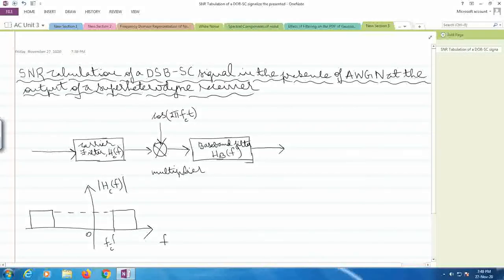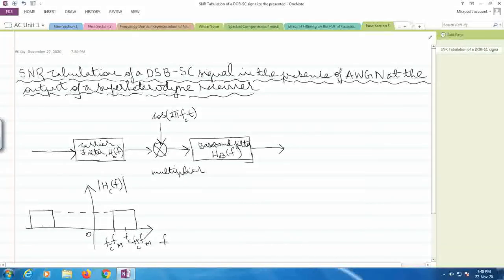So let me just write down the transfer function exists in the interval fc minus fm to fc plus fm, where the center frequency is nothing but fc.